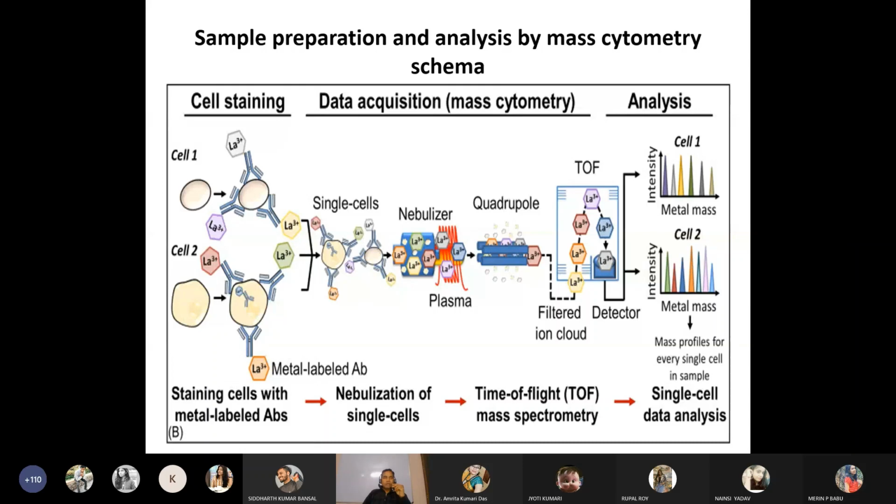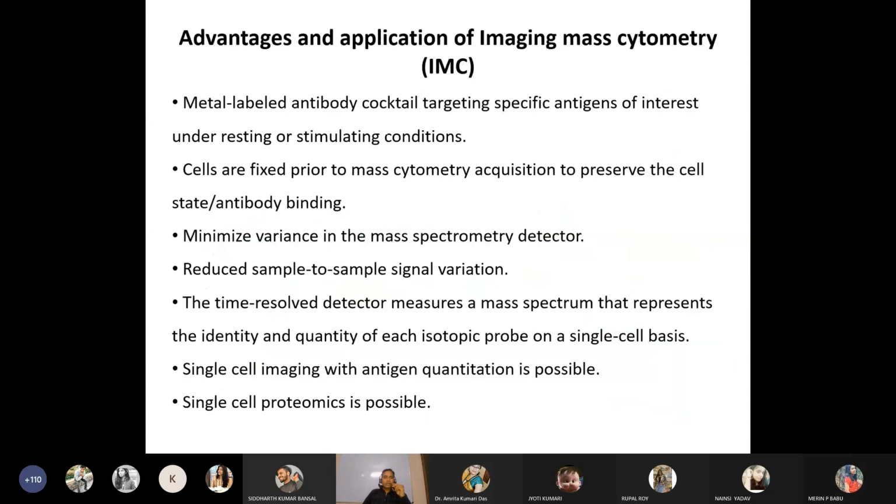Here you are not reconstructing the image. So, the advantages and applications of imaging mass cytometry. A metal labeled antibody cocktail targets specific antigens of interest under resting or stimulating conditions. The cells are fixed prior to mass cytometry acquisition to preserve the cell and minimize variance in the mass spectrometry.